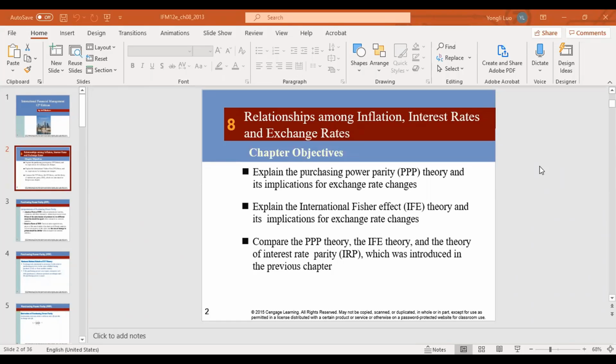Explain the international Fisher effect theory and its implication for exchange rate changes. 3. Compare the PPP theory and IFE theory and a theory on interest rate parity, IRP theory, which was introduced in the previous chapter.